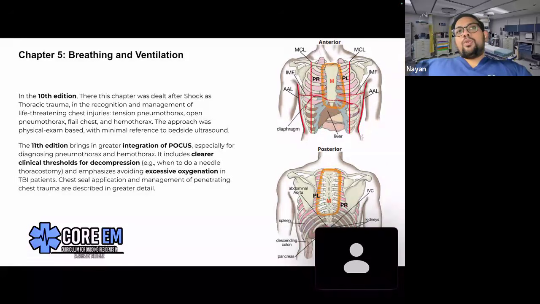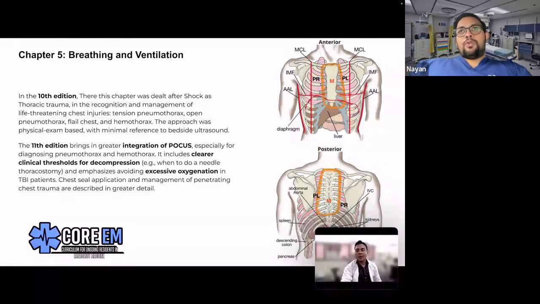In both the 10th and 11th editions, the site for needle thoracostomy is both the second intercostal space in the midclavicular line and the fifth intercostal space in the anterior axillary line. Both are there. Both can be taken. There is no preference. And in pediatrics, it is the second intercostal space in the midclavicular line. So this is again given clearly in the 11th edition. They have emphasized excessive oxygenation, hyperoxia in TBI patients. All of this is given in great detail.